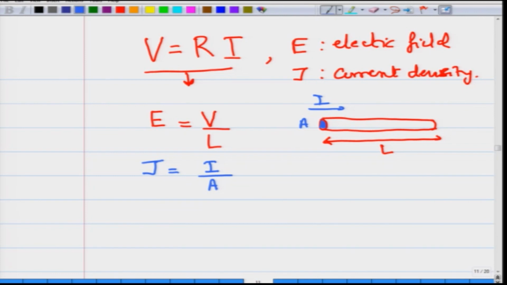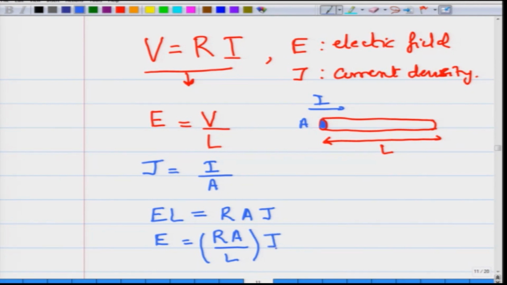And now, using the expressions for V and I in terms of E and J, you can rewrite Ohm's law as E L = R A J, or E = (R A / L) J, where A is the area of cross section of the wire and L is the length.